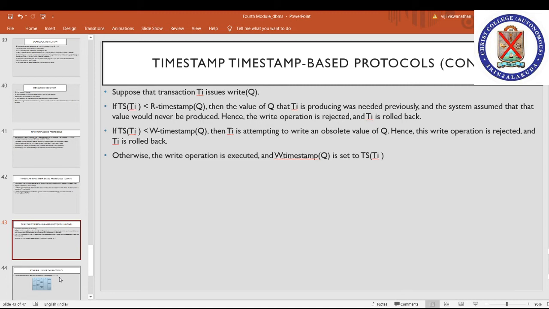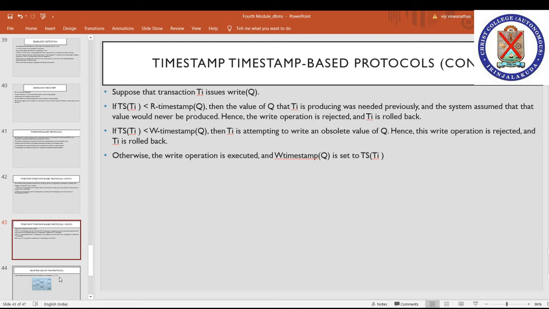Suppose that transaction Ti issues write(Q). If the timestamp of Ti is less than the read timestamp of Q, then the value of Q that Ti is producing was needed previously, and the system assumed that it would never be produced. Hence, the write operation is rejected and Ti is rolled back.